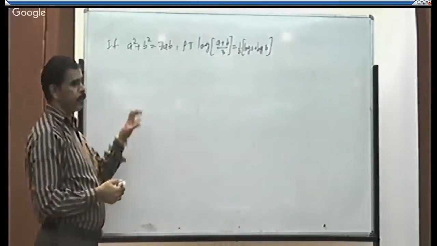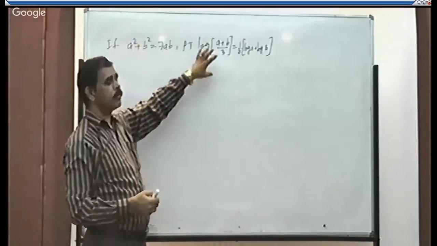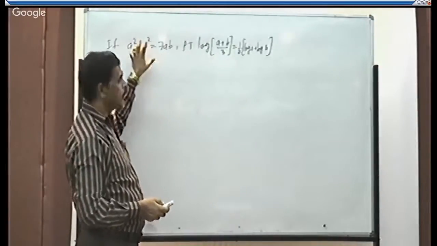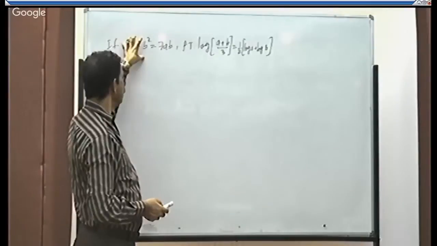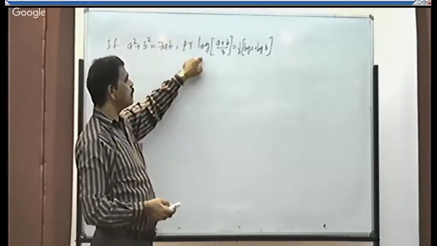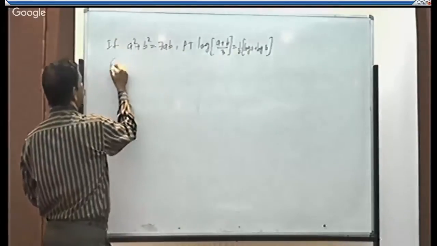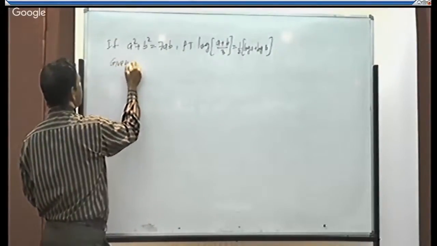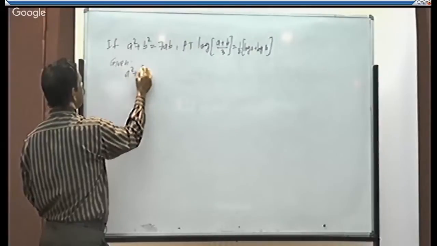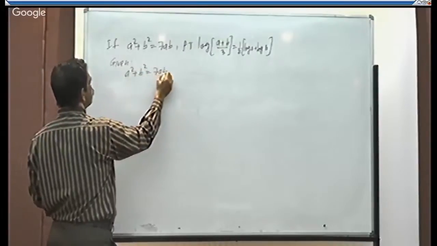In the last problem, we took the log expression and derived the algebraic equation. But here we are taking the algebraic equation to prove the log equation. Given that a square plus b square is equal to 7ab.